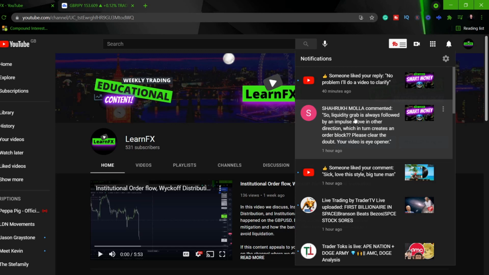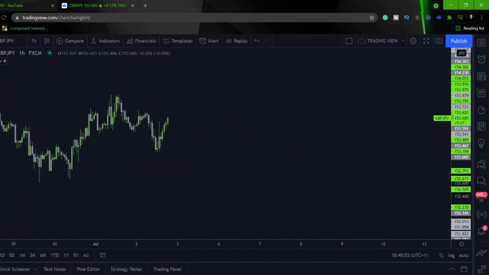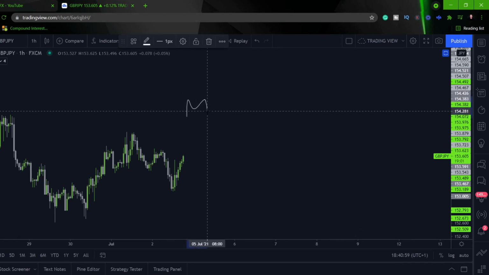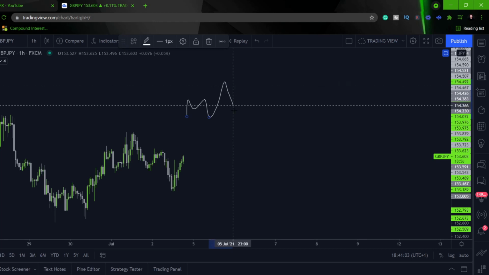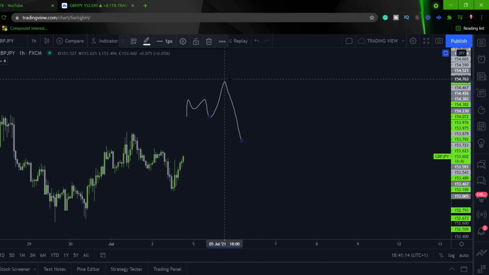Okay, so basically what he's asking is, is a liquidity grab always followed by an impulsive move in the other direction, and that creates the order block.